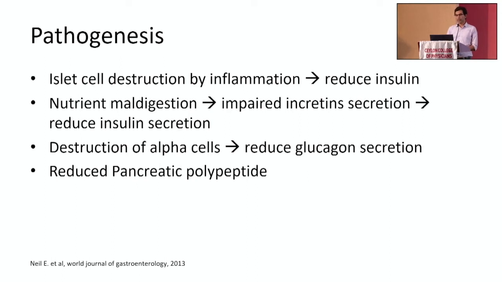Apart from that, the destruction of alpha cells leads to reduced glucagon levels. This is important because they are more prone to hypoglycemia. The reduction in pancreatic polypeptide, which is responsible for maintaining liver glycogen stores, is also important to explain why they are more prone to hypoglycemia.